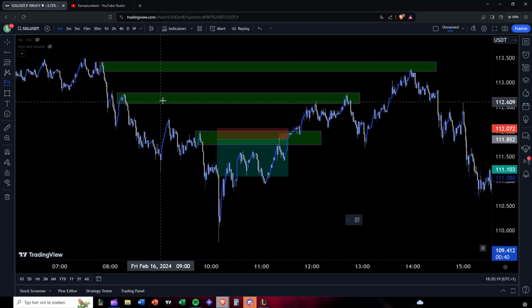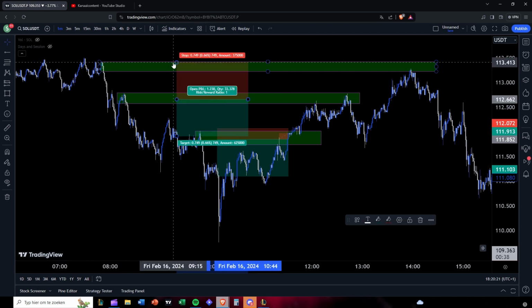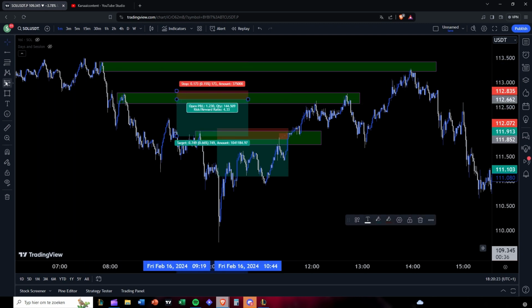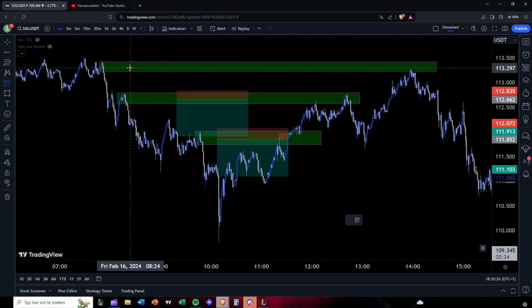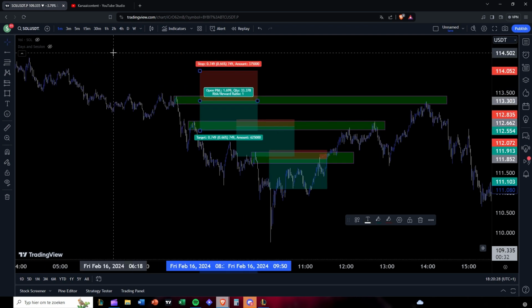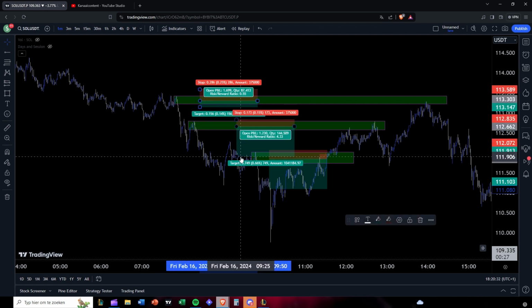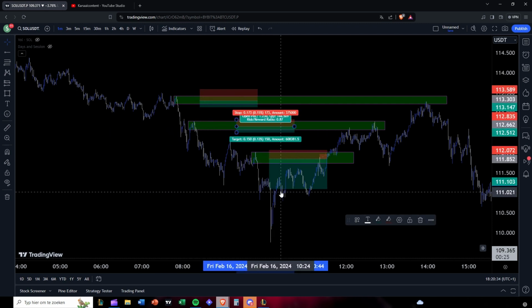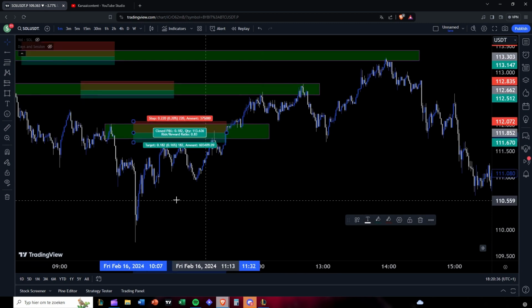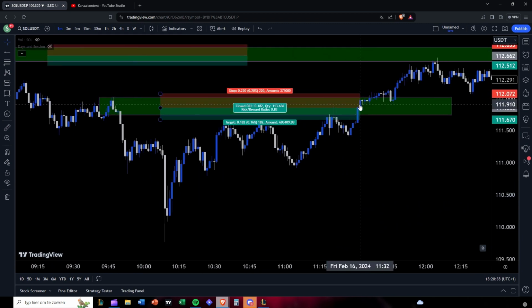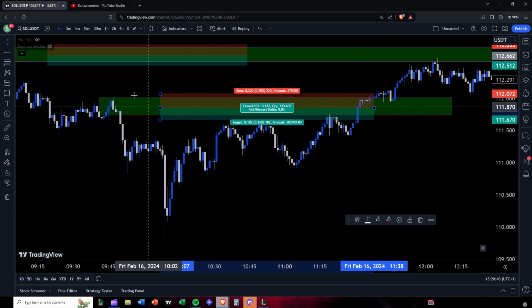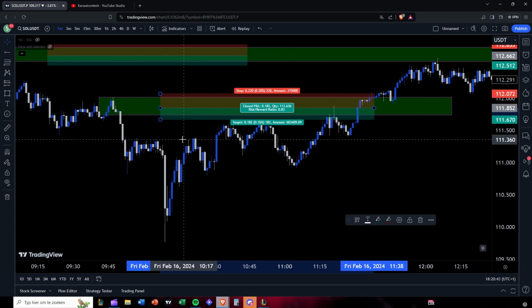And over here, just the middle of everything, somewhere over here. So if you look at the first trade, this would be the entry. Depending on whether you're aggressive or defensive, you would have gotten filled or not.